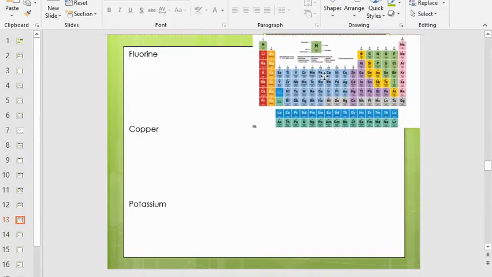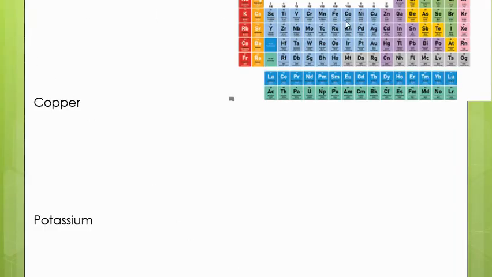Now we have a periodic table we can reference. If we're doing the electron configuration for fluorine, for example, we're going to find fluorine on our periodic table, and fluorine is right here. And remember, our helium is over here for when we're doing this chapter. We're going to stick him over here, not over here.